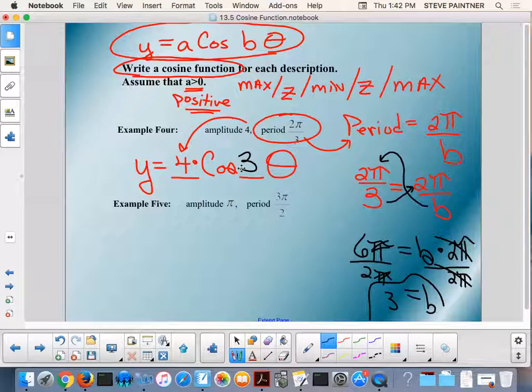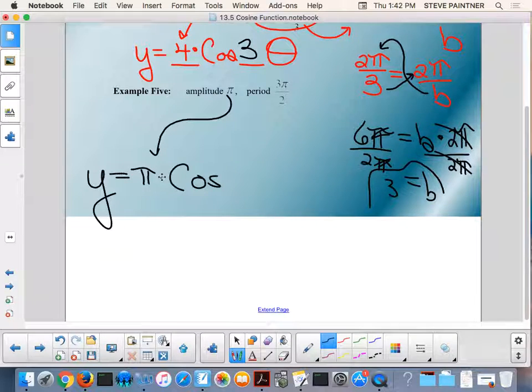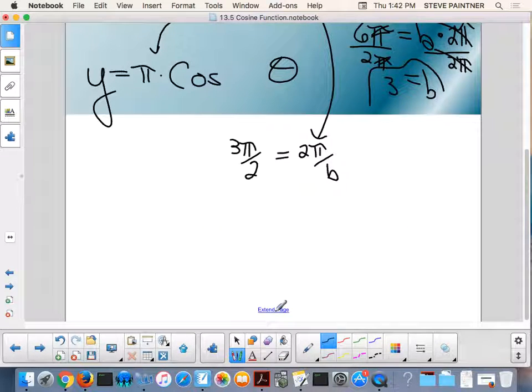Ready? Here we go. Even if you got these right, guys, just look up. So this one. Everybody agree? That's pretty easy, right? Hard part is getting B. Well, this is your period. Bring it down. The period, 3 pi over 2, will always equal 2 pi over what? B. Solve it.